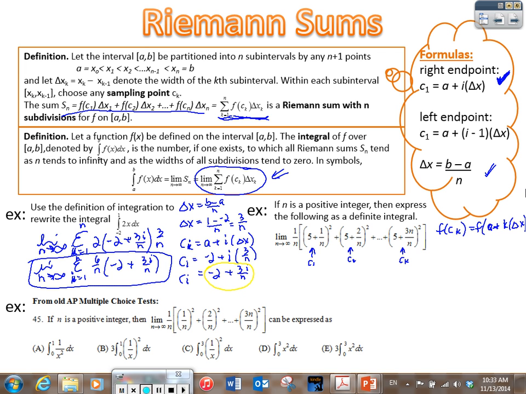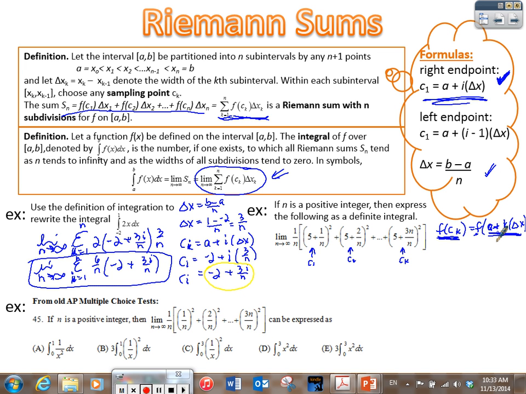I'm copying my formula down into my function. I'm sticking in that right endpoint, a plus k or i, times delta x. I'm just setting up my formula right now.